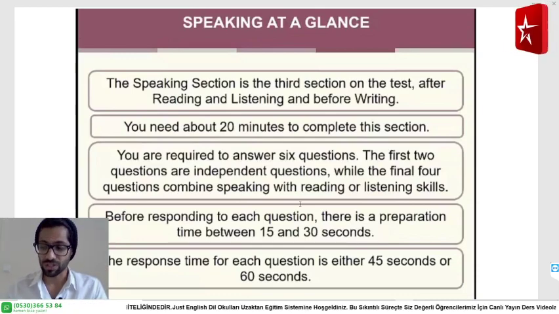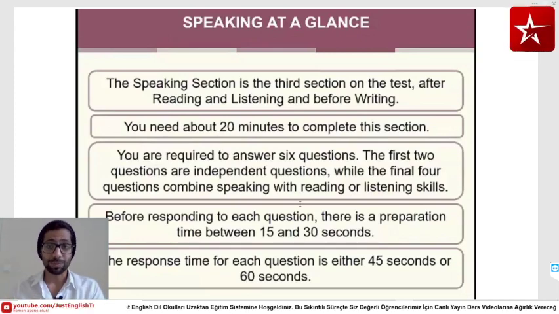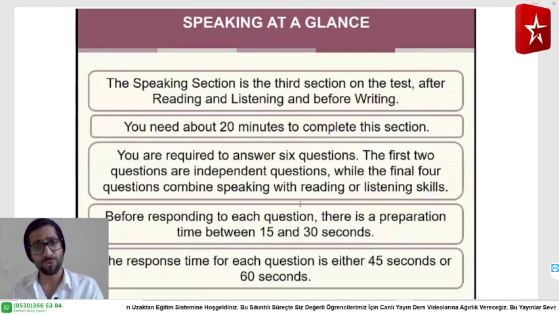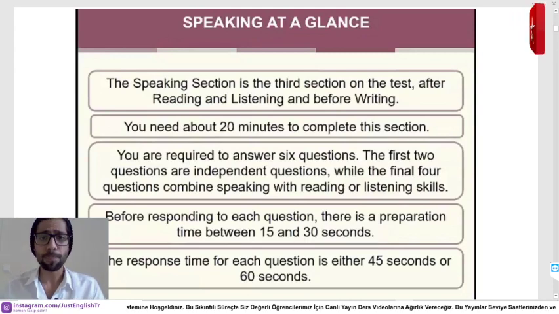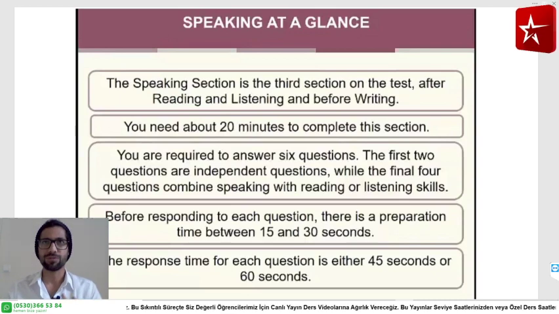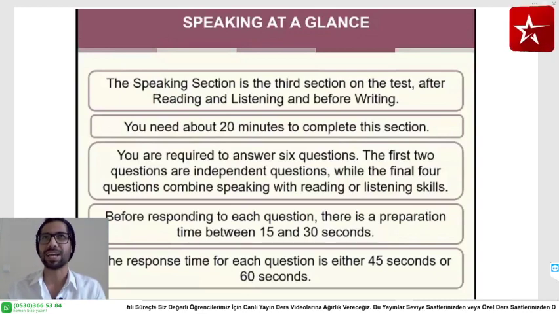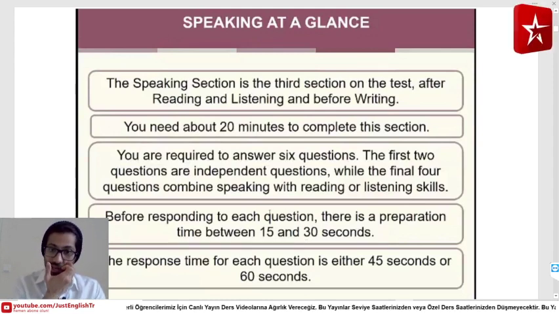And as we said, the definition of integrated here is that it will be like multitasking. You will do listening and reading, then you'll start to speak. And remember, first 15 seconds of preparation, and you've got 45 seconds for answering. Yes, we will get right into that.